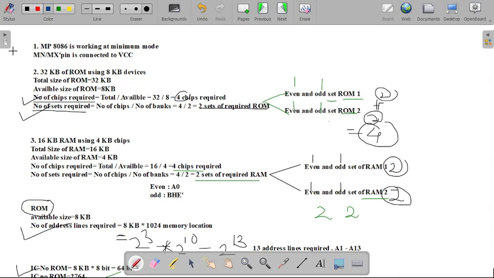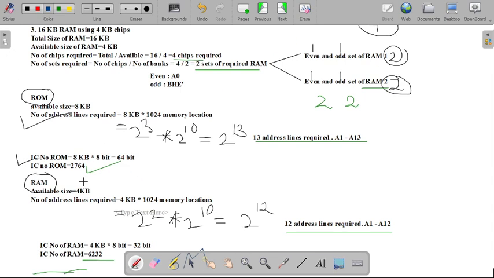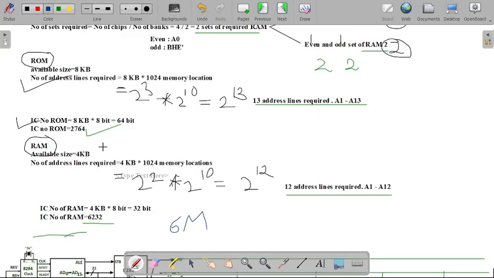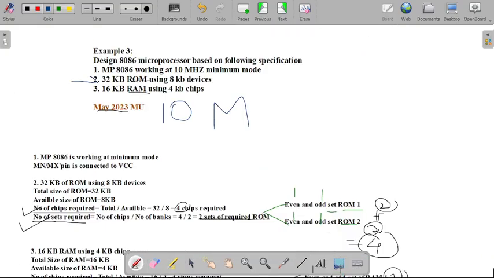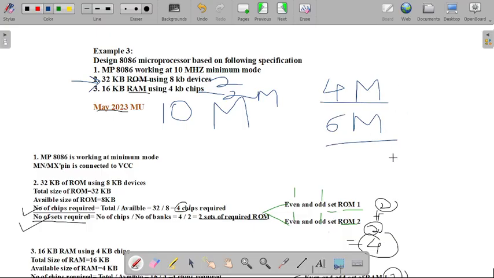So for parts 1, 2, 3, whenever you are calculating the number of address lines, the IC number, the number of chips, and the number of sets required for this RAM and ROM, then you will get 2 marks for each. So for 4 marks, the description is there, and for the 6 marks, the diagram will be considered.